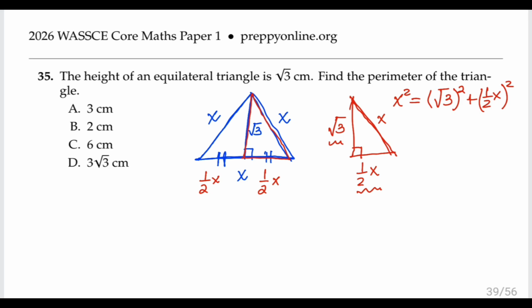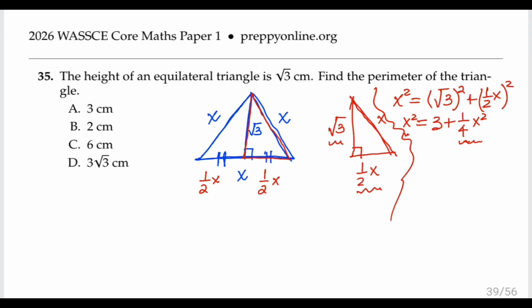So we try to simplify this. Let's see. We have x squared. Square root of 3 squared is just 3. And then half x squared is half x times half x. That becomes 1/4 x squared.